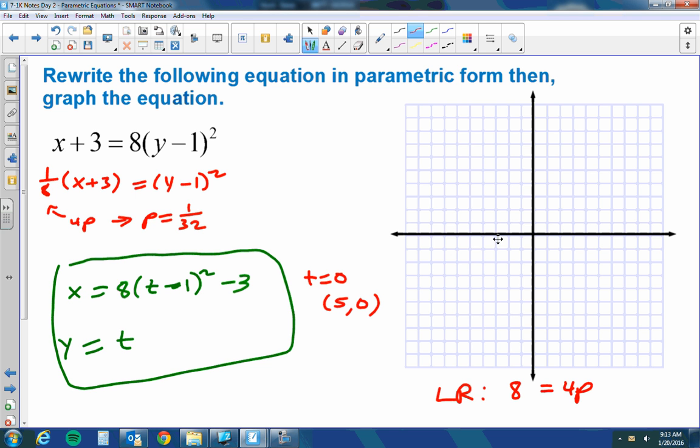Okay, all right. Let's back up. This is not that bad. The vertex is still 1. Now watch. We know it opens to the right. That hasn't changed. Let's make a little table. This is the normal parabola, and this is supposed to be x.